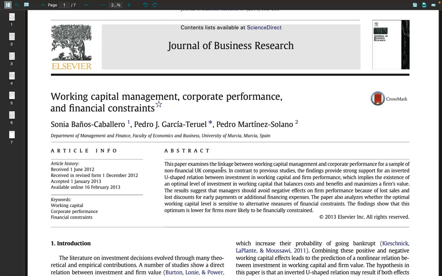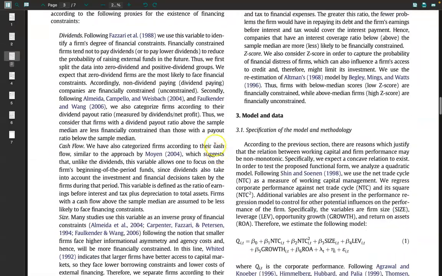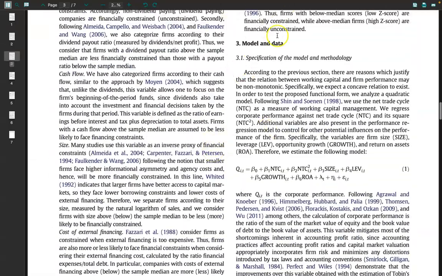Now, for this video, I'm not going to look at the financial constraints because that will be a tedious task to construct. So I will just go to the methodology, model, and data section, and we are seeing over here where the model is actually constructed.